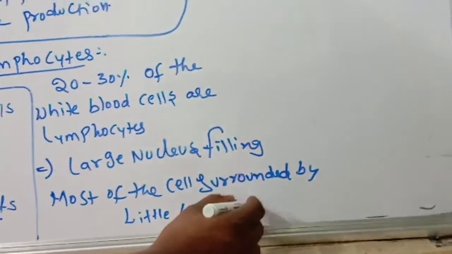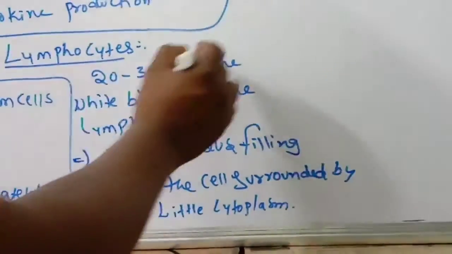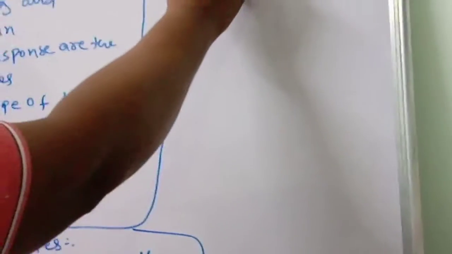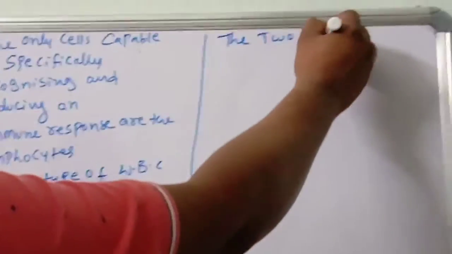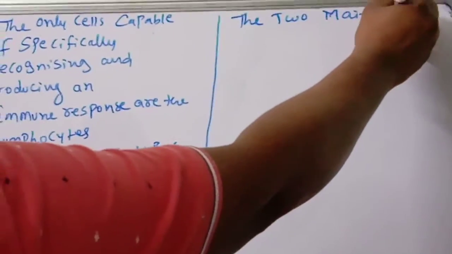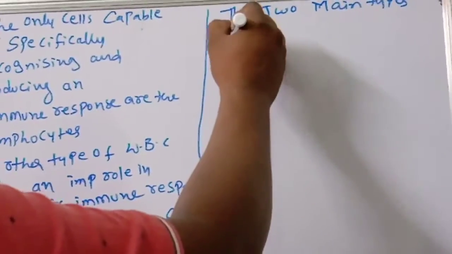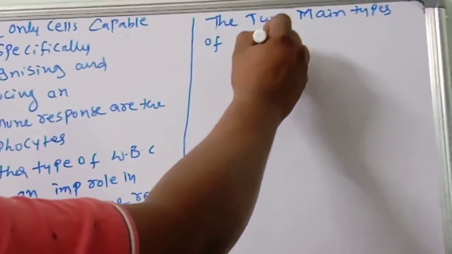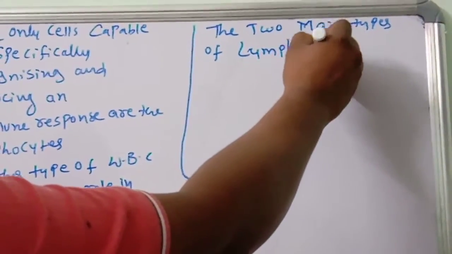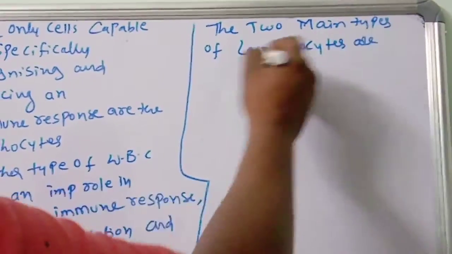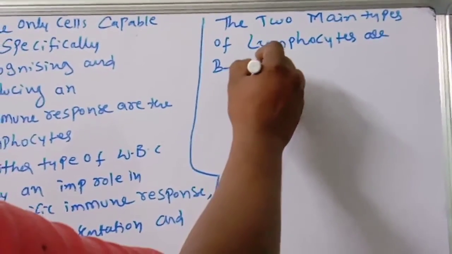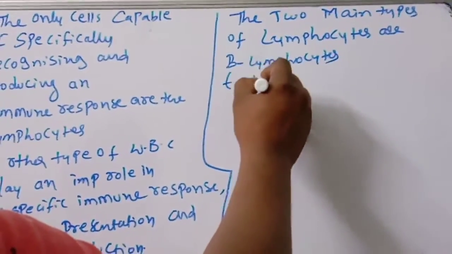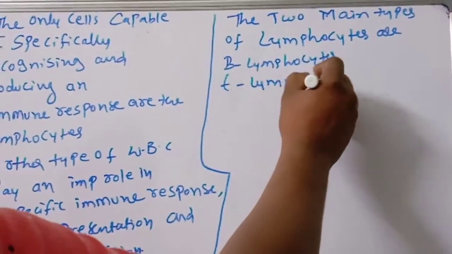Okay, children, the two main types of lymphocytes are, number one, B lymphocytes, and next one is T lymphocytes.